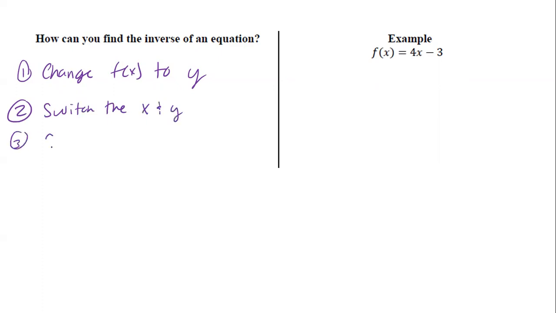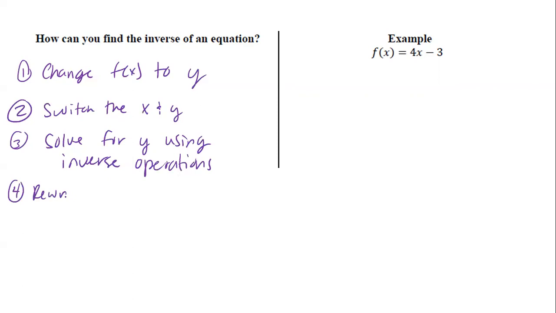The third thing you want to do is solve for y using inverse operations. And the fourth thing you want to do is rewrite the new y as the inverse of x. Okay. So those are going to be the steps we go through.